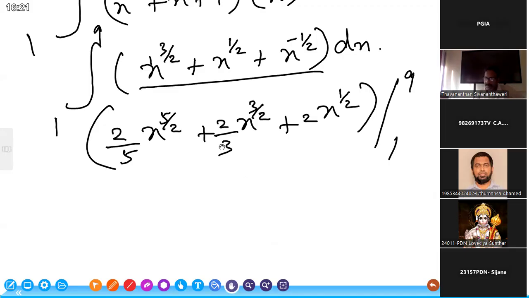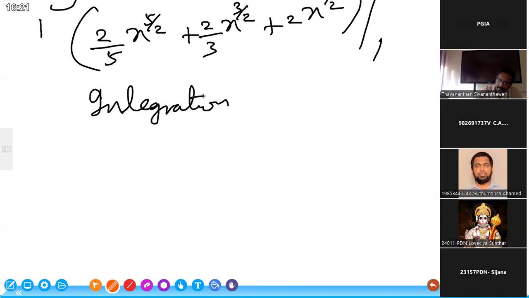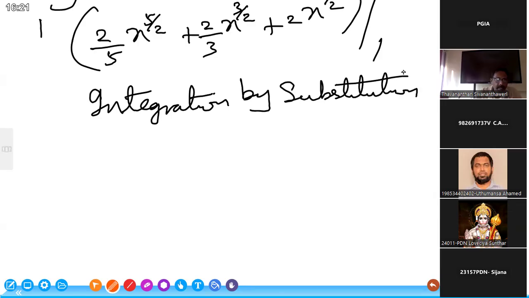Right. Now let's move to other ways of solving integration. It's called integration by substitution.